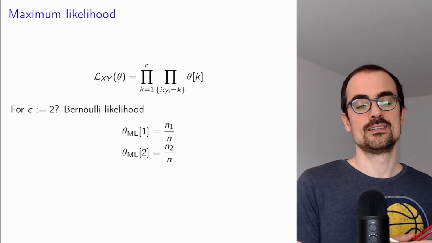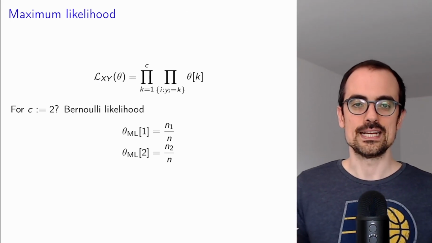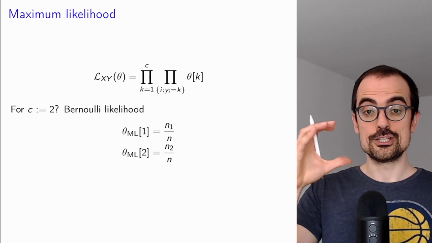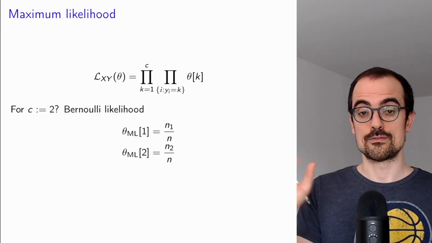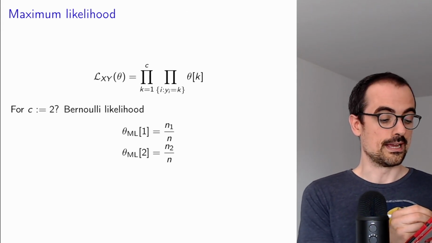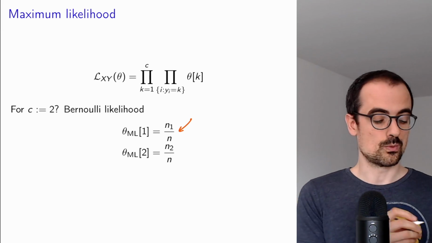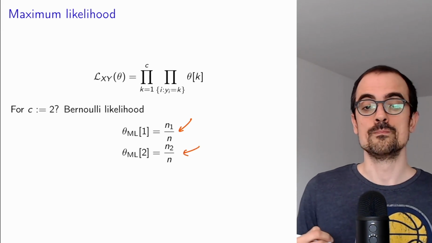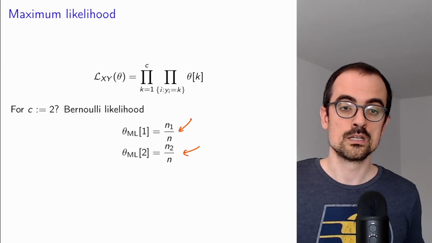So if you have, I don't know, 10 data points in your region and half of them are ones and half of them are twos, you're going to say that the estimate for the probability of a 1 is 1/2 and the estimate for the probability of a 2 is 1/2, which makes a lot of sense.